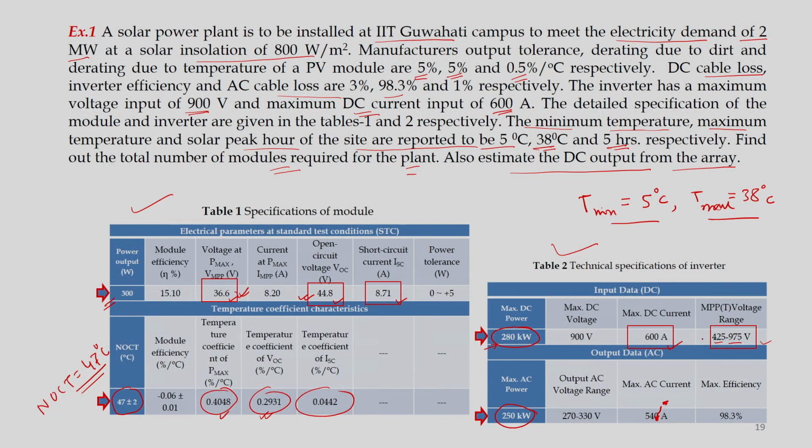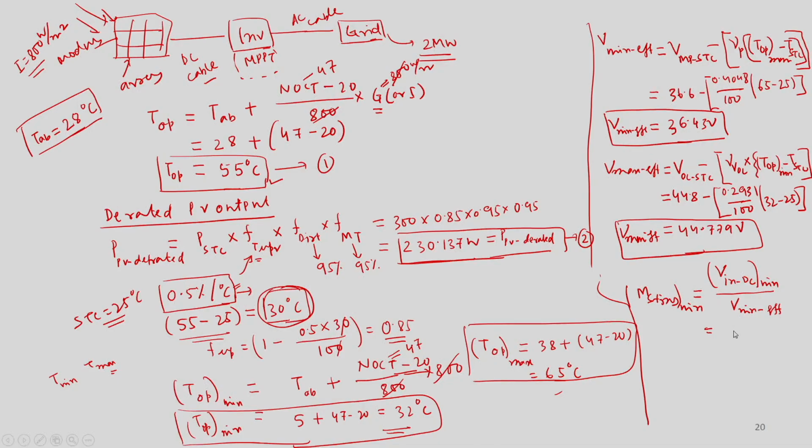Here the minimum V inverter voltage is 425. This 425 needs to be used here, and V minimum effective we have already calculated as 36.43, which gives 11.67. That is equivalent to 12, because it has to be a whole number.